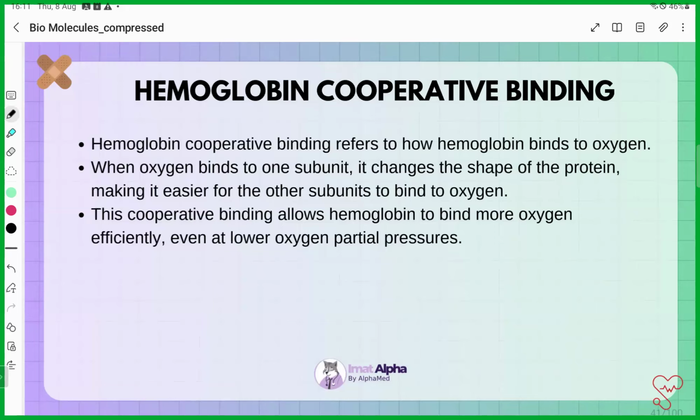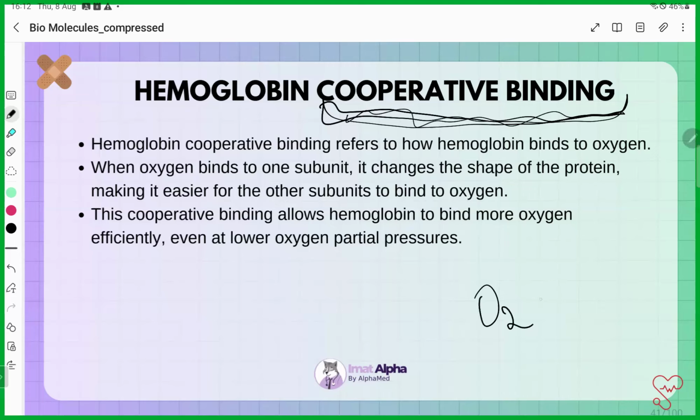So the hemoglobin cooperative binding, why are we speaking about this term? This term speaks about how hemoglobin binds to oxygen. When oxygen binds to one subunit, it changes the shape of the protein.